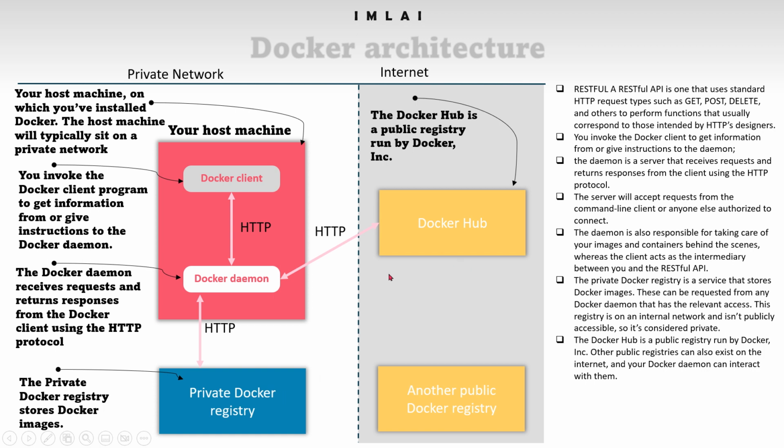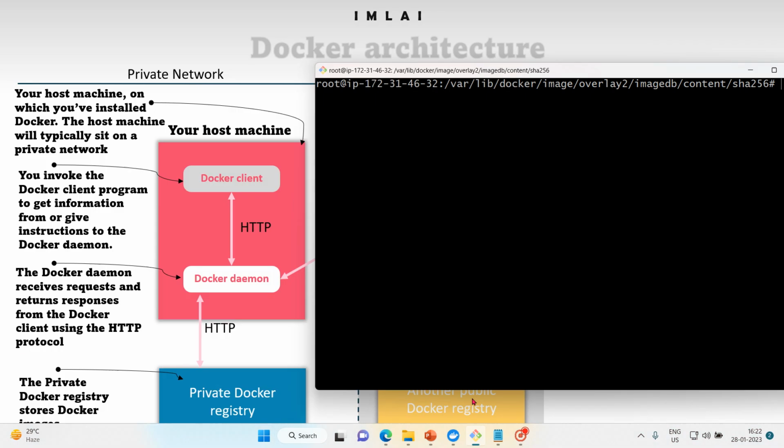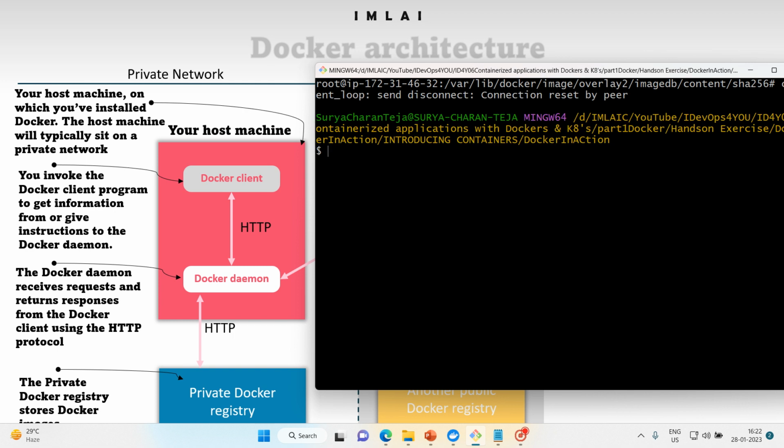Here we have only a public Docker registry, so I'll go for the Docker Hub. From here to here to here, and it gives back, and then it comes to the Docker daemon. We'll do this now. Let's get into the server.